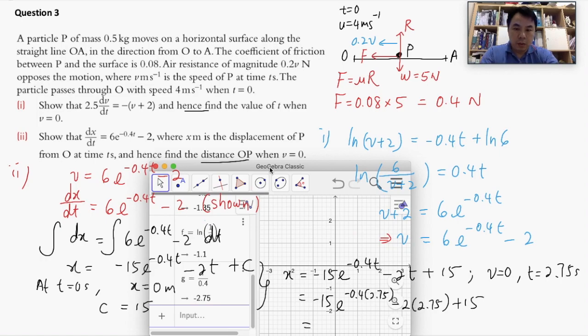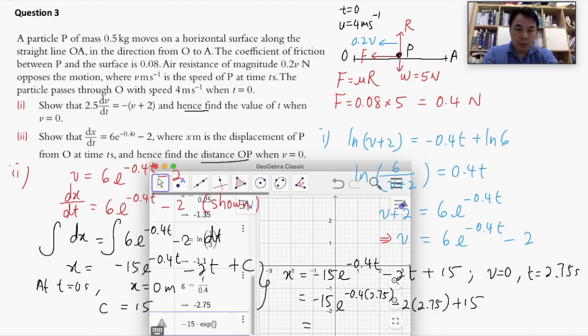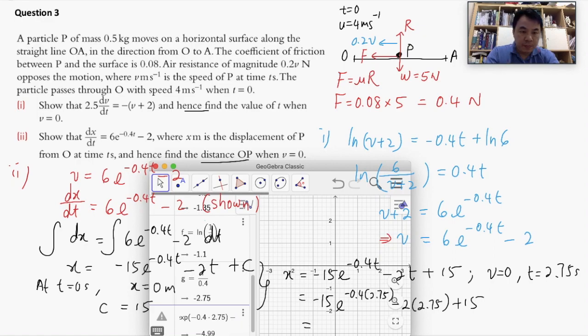Alright, so just let me quickly get my calculator and then tabulate this. So that is negative 15e^(-0.4 by 2.75), again minus of that, 5.5, plus 15.